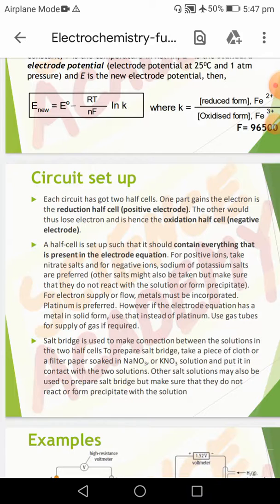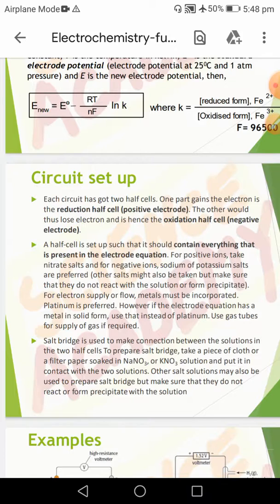I prefer these two solutions because they are soluble, and they are quite unreactive also. You can also take any other solutions, but they might react with the components of the half cells. So I always prefer sodium nitrate or potassium nitrate.